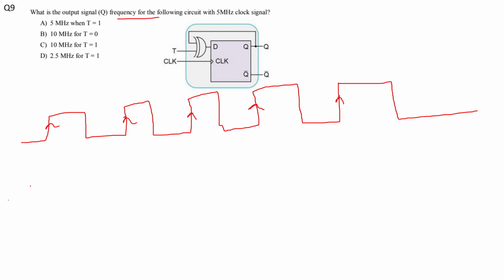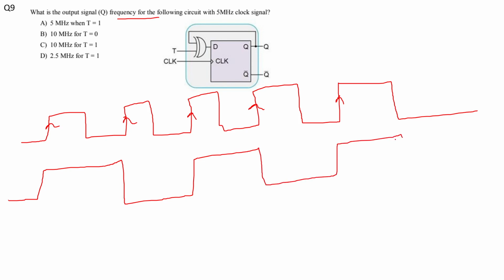So this is my output. For positive edge trigger it will toggle. For every positive edge trigger it will toggle. So if this was clock, this is my output.